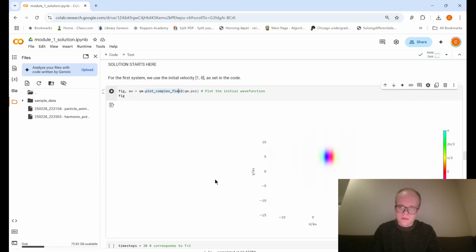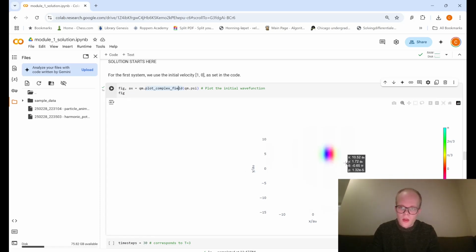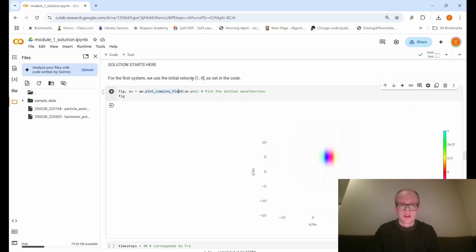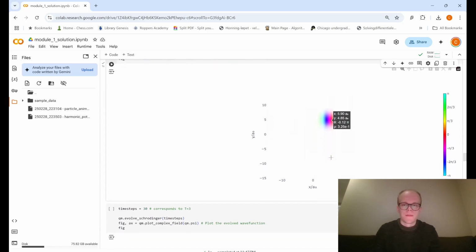So here we see that since we have an initial velocity of 1, 0, so that's a velocity to the right in this case, because this is the x-axis, we get a phase gradient going in this direction. So what do we expect then? Well, we expect the particle to move in this direction as well.